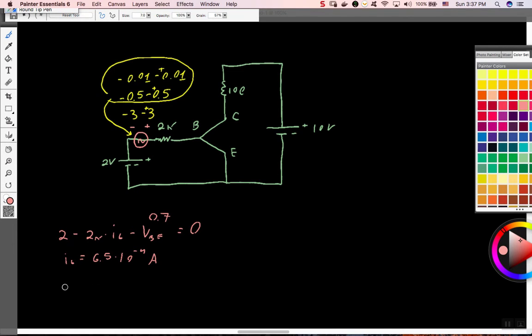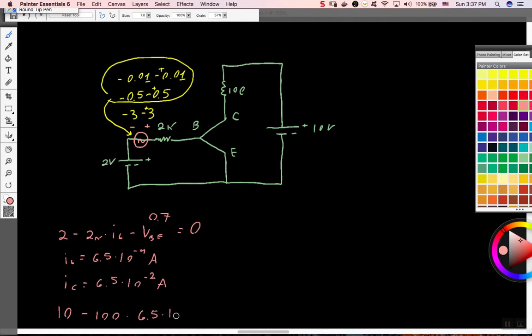And then IC, we remember is 100 times IB, so it will be 6.5 10 to the minus 2. Careful. And then let's see what VCE comes out to. VCE is 10 minus 100 IC. So that's kind of useful.